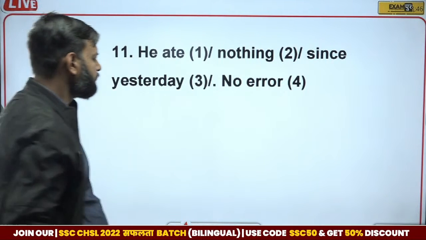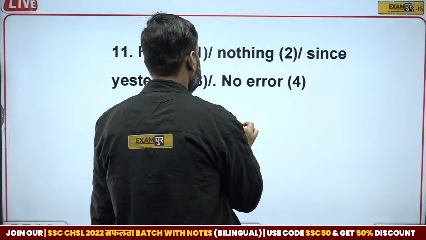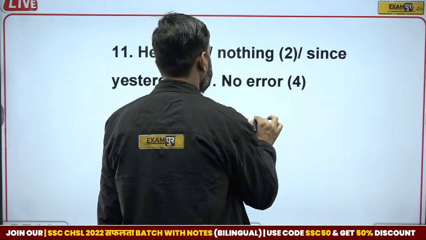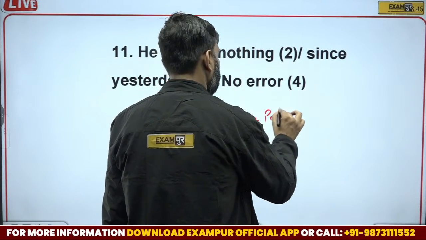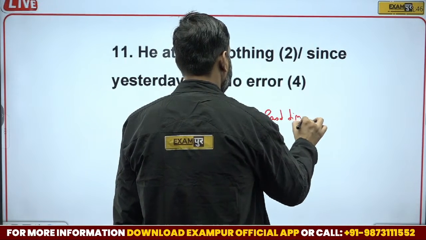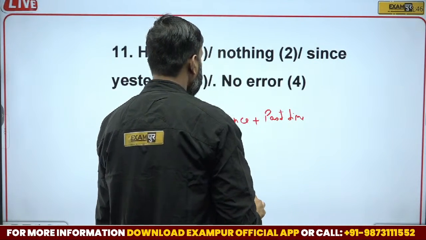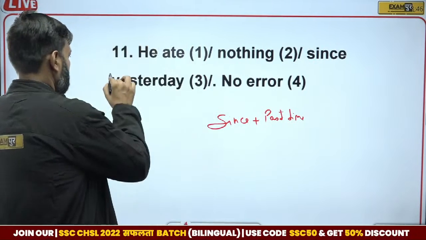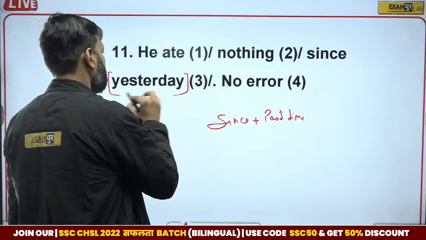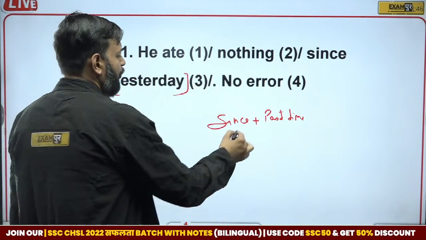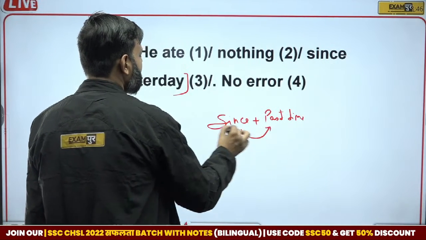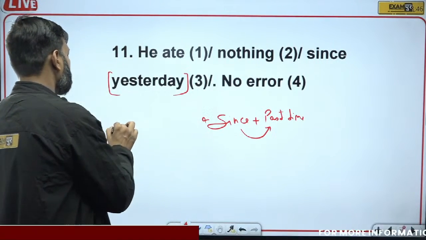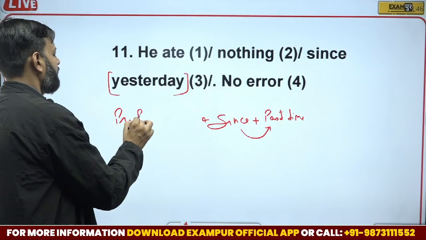See, since is followed by past time, right? So here yesterday is past time. No problem. But when since is used with past time, it should be used with the present perfect tense.